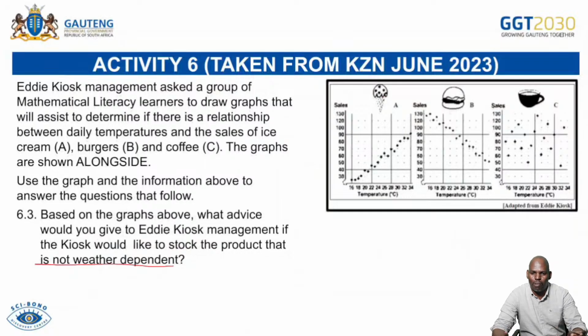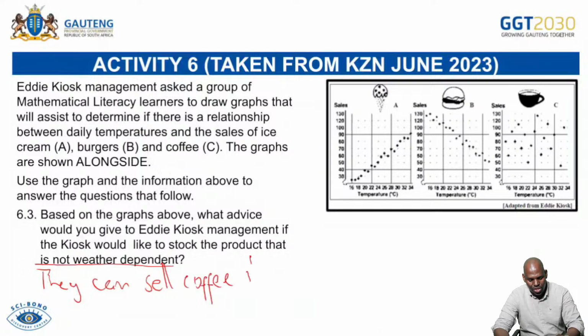But there's one thing that people like, whether it's hot or cold. And that is coffee. So in this case, we can say they can sell coffee, because it is not weather dependent.